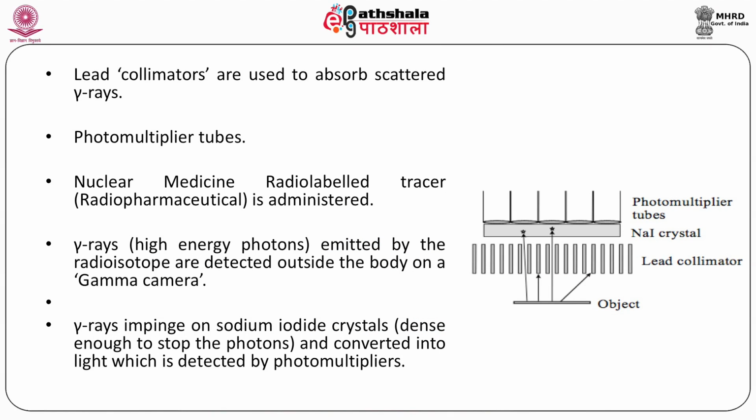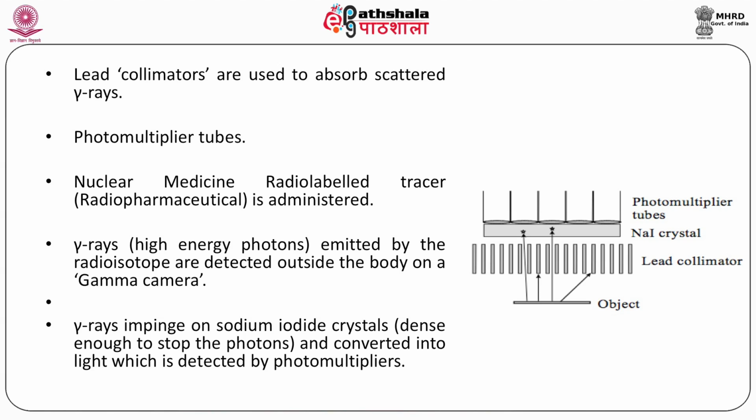As in the earlier slide where we talked about collimators, they are made of lead, which is a material that absorbs the radiation coming from different angles. Then we have photomultiplier tubes, PMTs, and a nuclear medicine tracer which is administered. The radiation from this administered dose passes through the collimator and hits the PM tube.